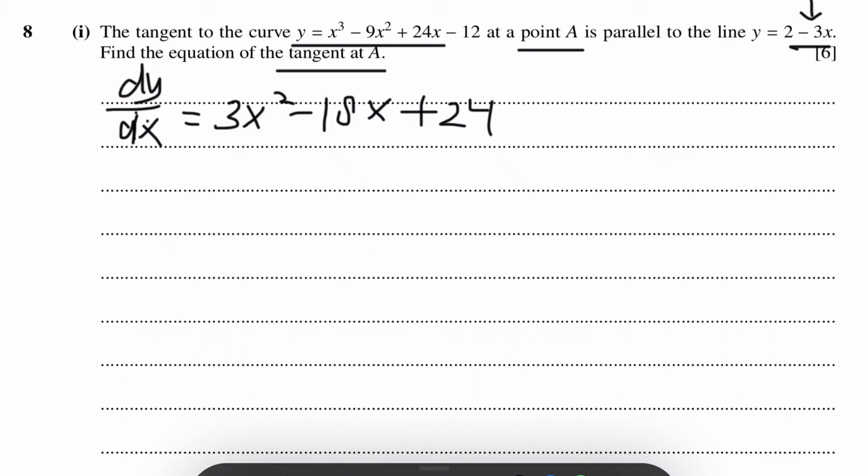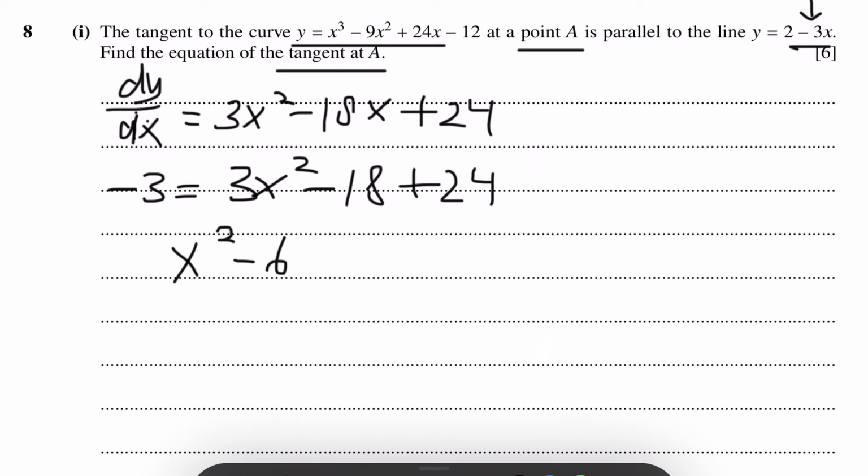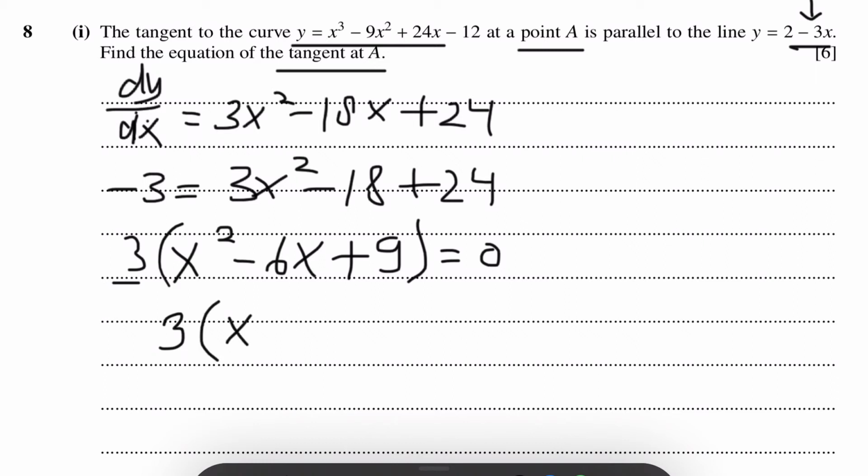So negative 3 is equal to 3x squared minus 18x plus 24. This will give you x squared minus 6x plus 9 equals 0, after dividing by 3. So I factorize the 3 out. And your values are x minus 3.